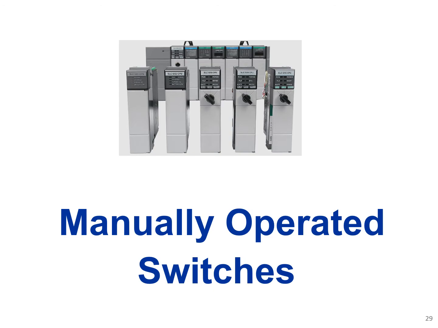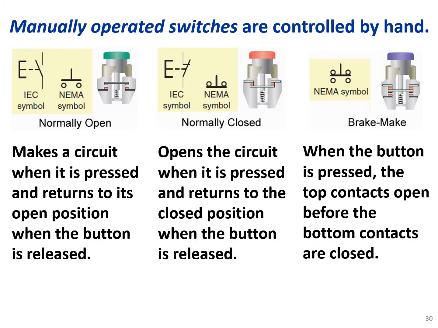Manually operated switches. Manually operated switches are controlled by hand. These are the different types of manually operated switches: normally open, normally closed, and break make. Normally open makes a circuit when it is pressed and returns to its open position when the button is released.